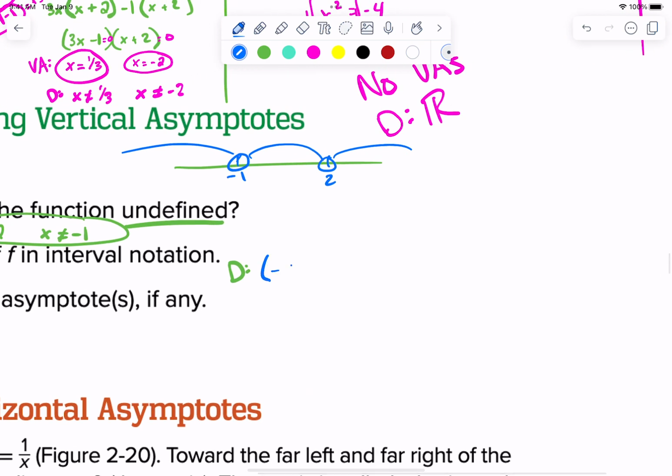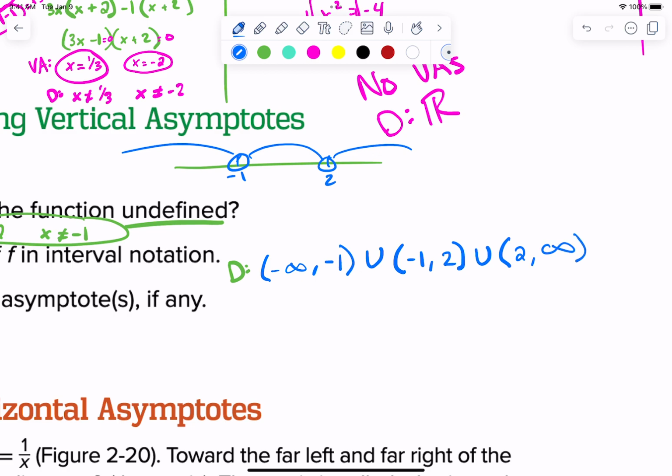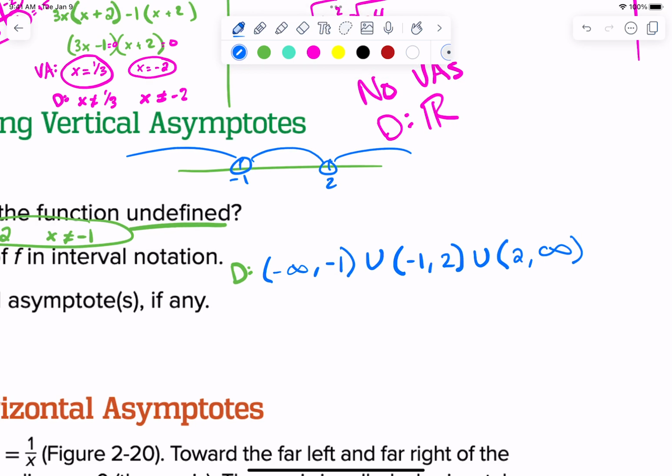Negative infinity to -1, union -1 to 2, union 2 to infinity, with parentheses. Okay, not touching any of those values, but it can be anything else, right? You can plug in anything.